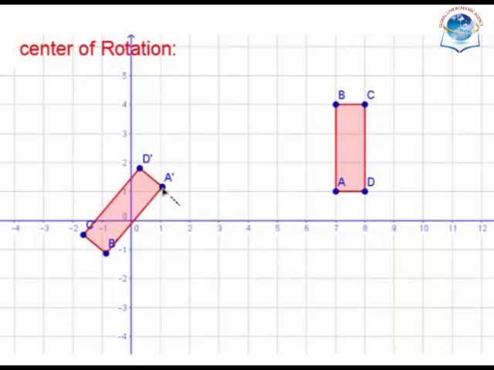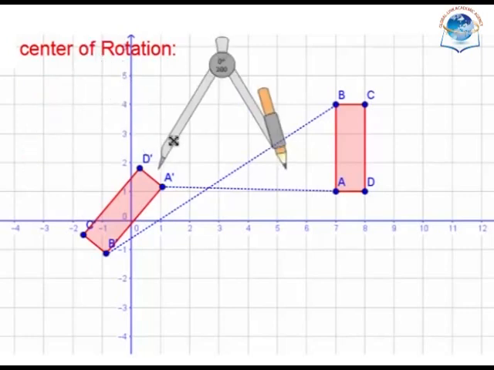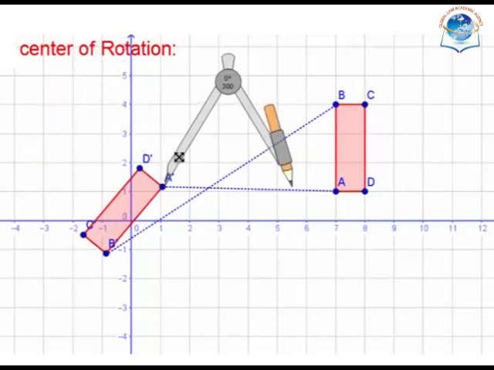This time we have a rectangle ABCD and a rotation of itself. Connect A to A prime and do the same with B and B prime. Those two are enough. Now I get the compass, and I'm going to construct the perpendicular bisector of A A prime first.